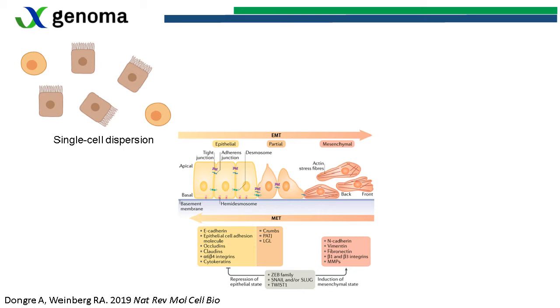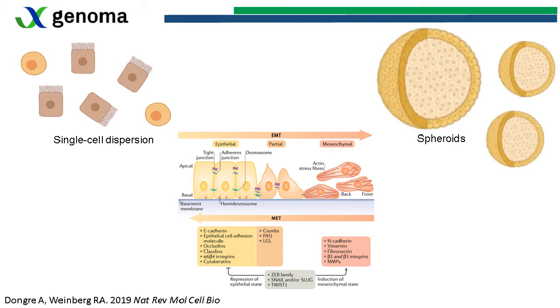function whatsoever. So to address this issue, we evaluated the use of what we call spheroids. Spheroids are a 3D organization of cells that keep the epithelial cells in close contact.